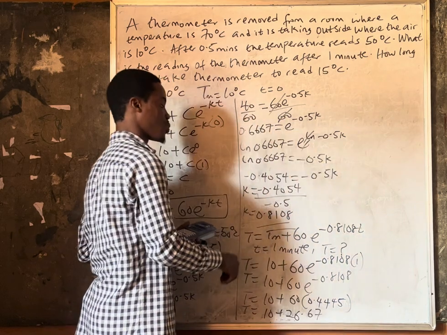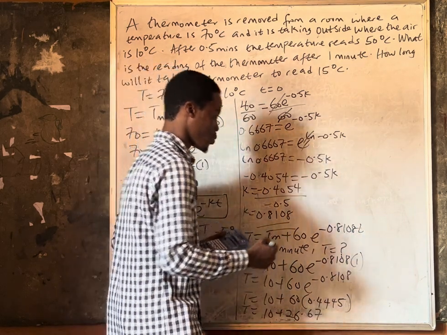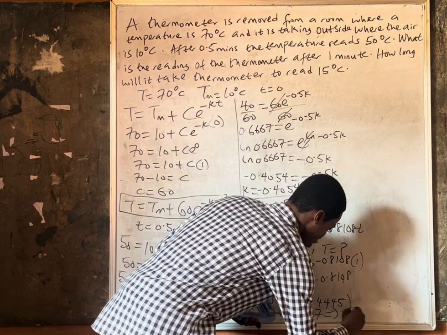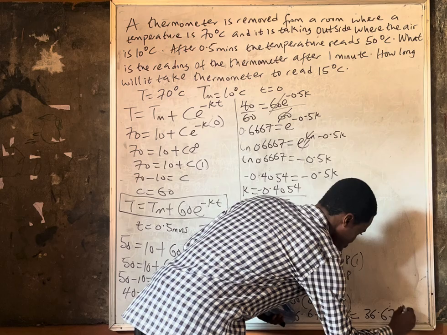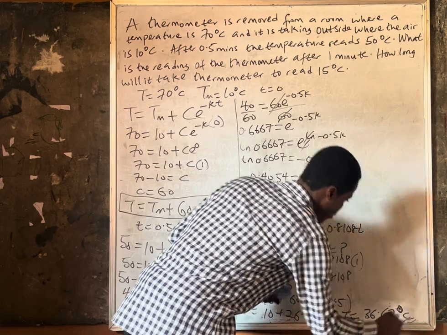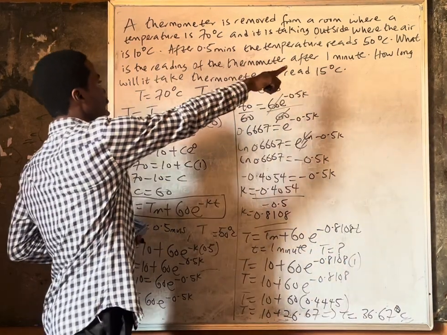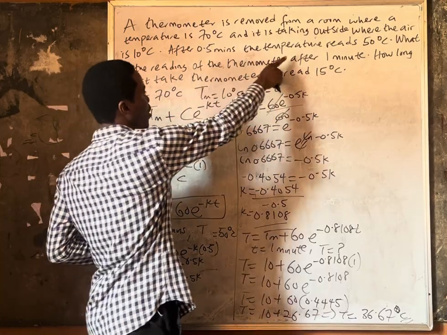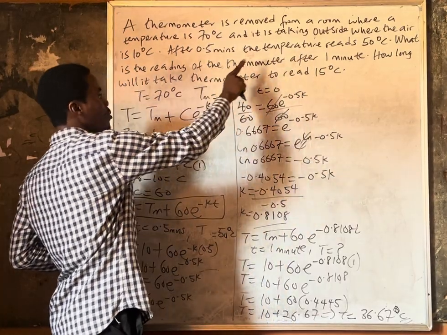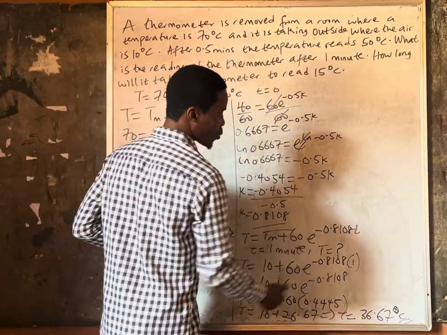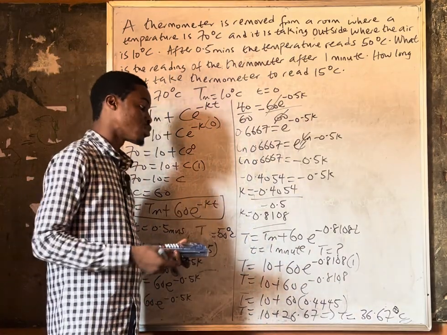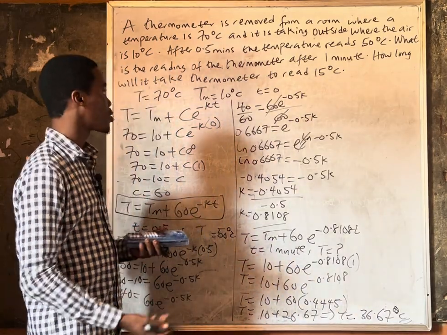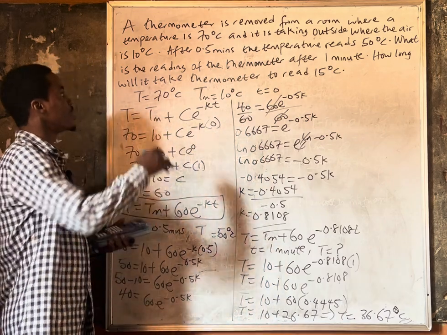If you add 26.67 to 10, we get 36.67 degrees Celsius. So the reading of the thermometer after 1 minute is 36.67 degrees Celsius. If we want to convert it to a whole number, we get 37 degrees Celsius.